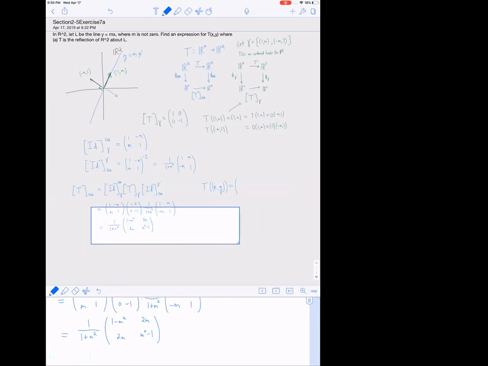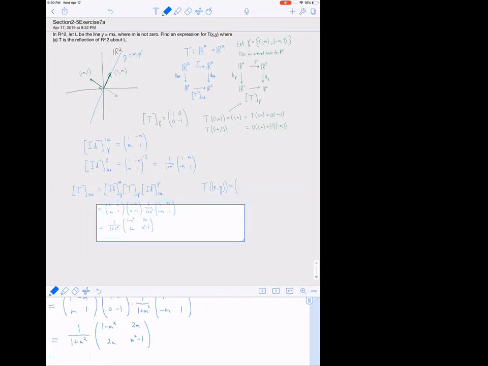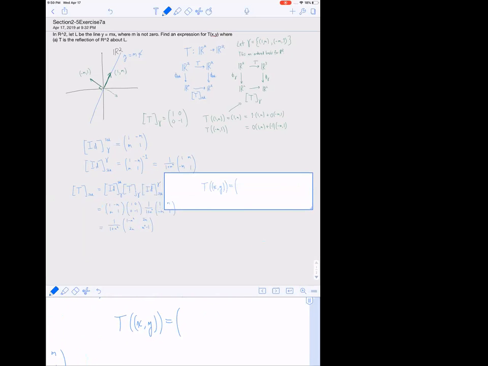If I were to multiply this matrix by an xy vector like that, then the first entry would be 1 minus m squared over 1 plus m squared. I should write that a little bigger. It would be 1 minus m squared over 1 plus m squared times x plus 2m over 1 plus m squared times y.